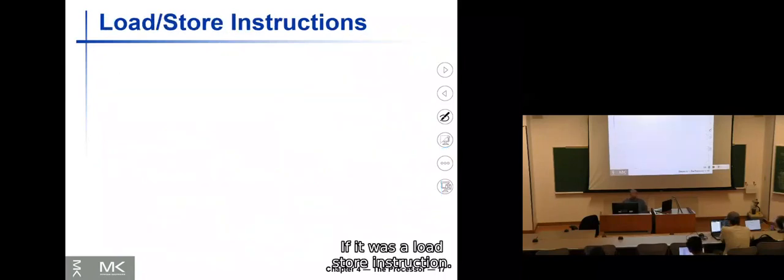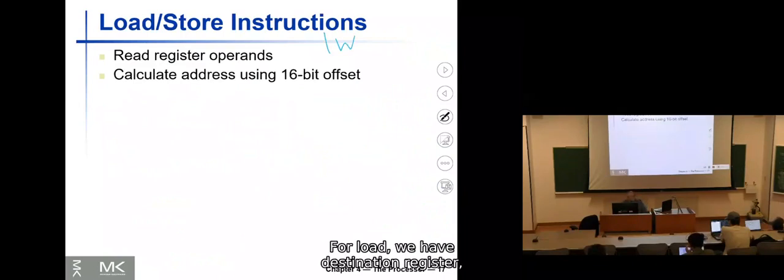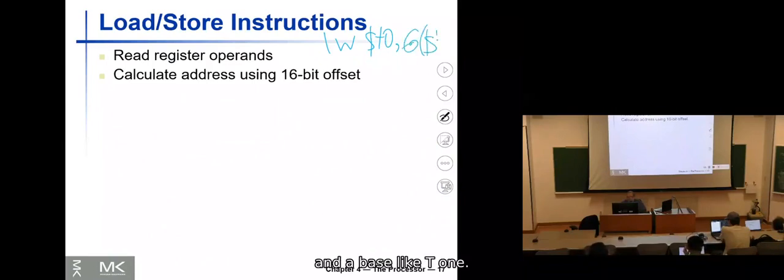If it was a load store instruction, then we have two registers. Let's write load first and then store. For load, we have a destination register, an offset like 6, and a base like T1. This is load. And for a store, it is the same thing.